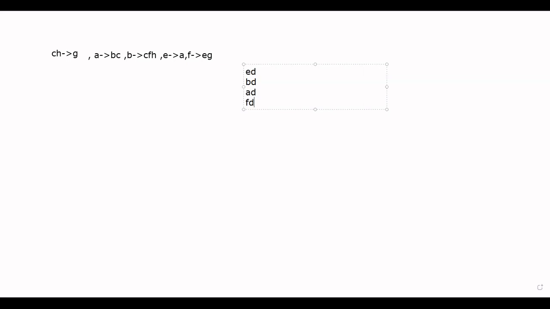How to get A? Sorry, from E we get A. So B is the candidate. Ma'am, FD is also. Yes, correct. B is the candidate key, then AD you got, right? AD is also the candidate key. Now check for ED and FD.